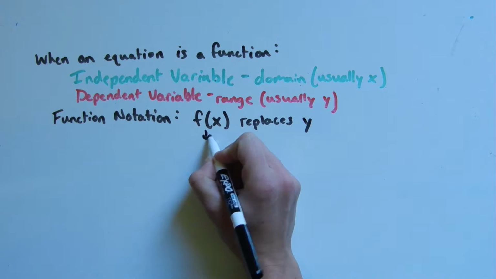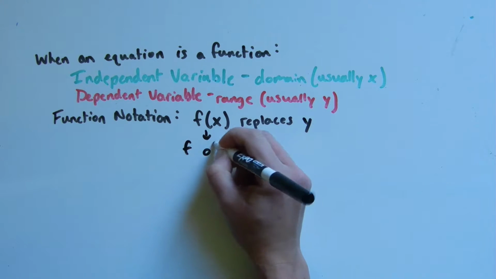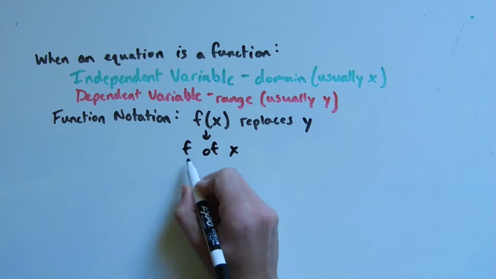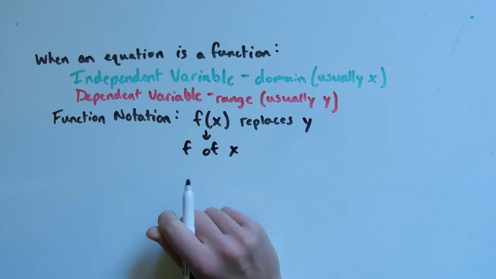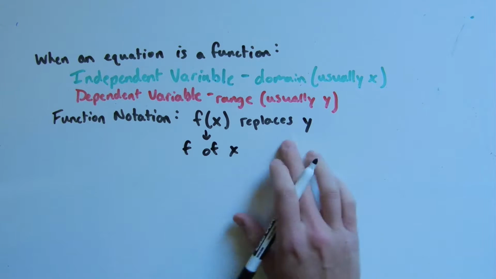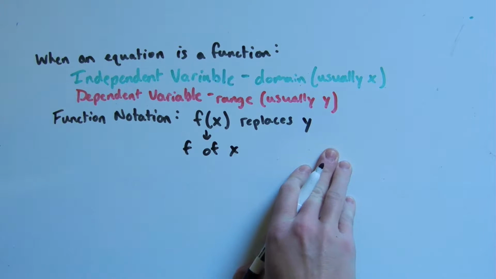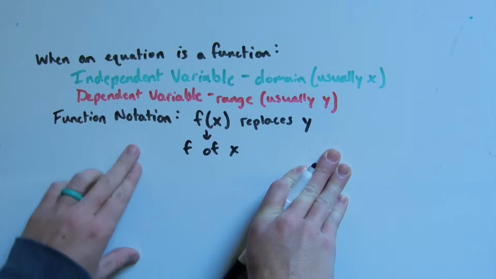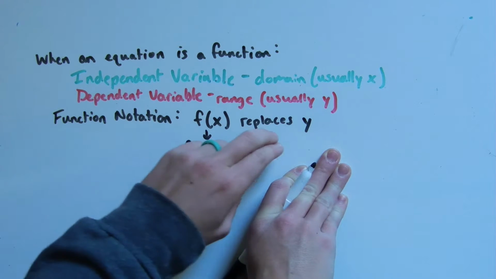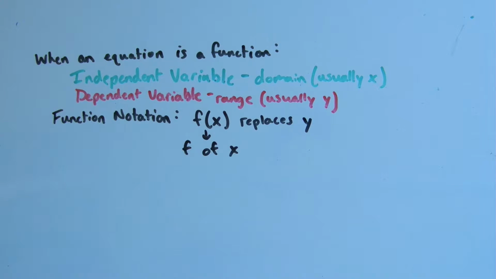This is read as f of x, or the function of x. So the function of x replaces y. So let's look at a few examples where we're going to use f of x in the case of y.